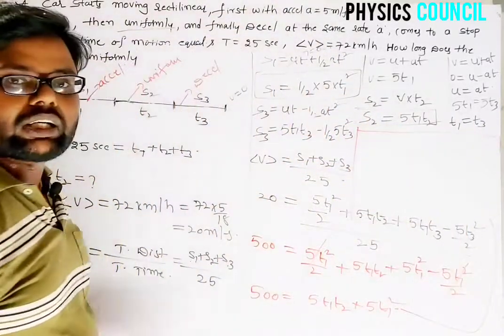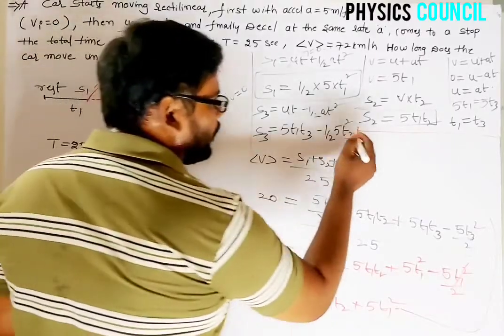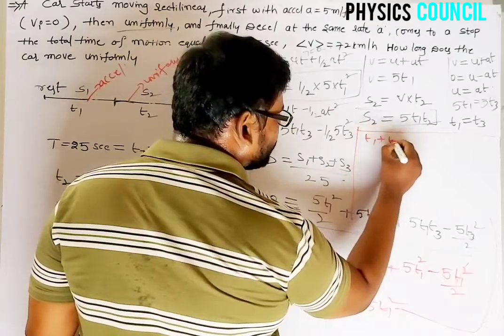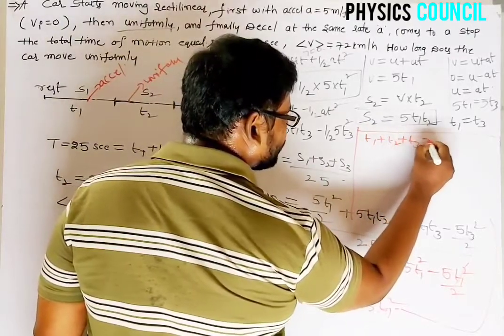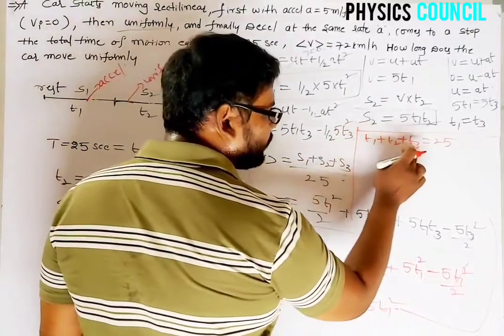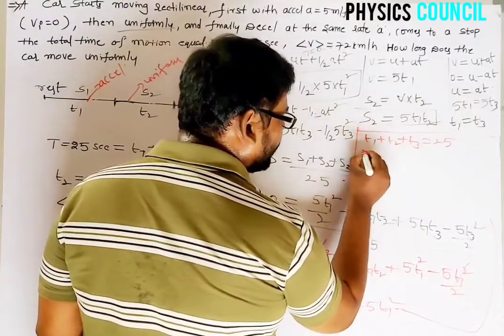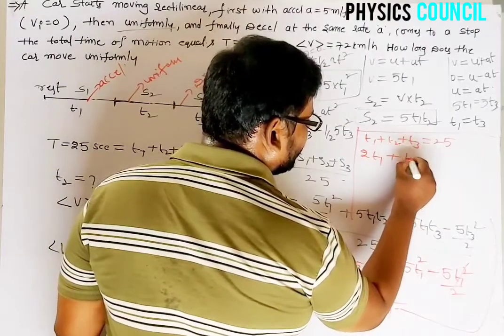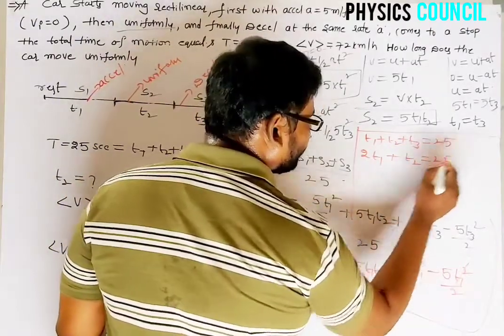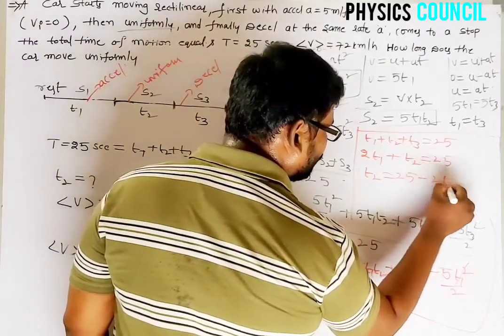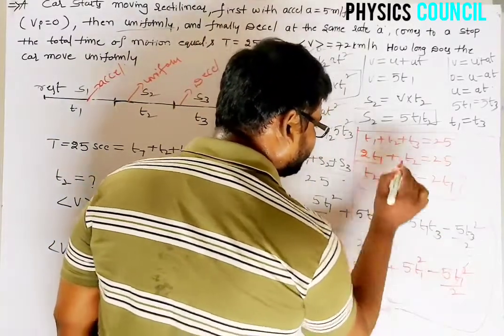Now already we know that t1 is equal to t3, and t1 plus t2 plus t3 is equal to 25. In the case of t3 you can write t1, so 2t1 plus t2 is equal to 25. So t2 is equal to 25 minus 2t1, isn't it?